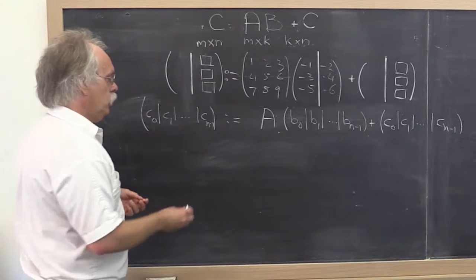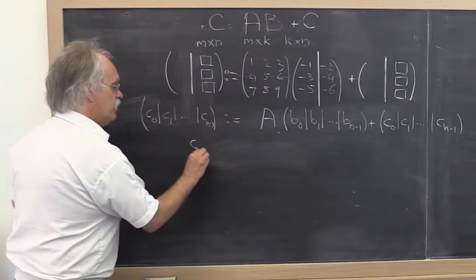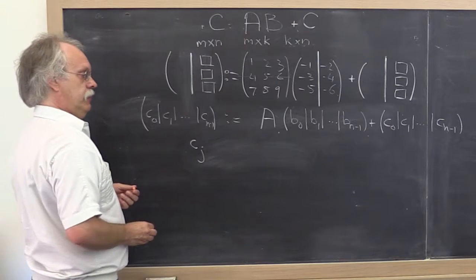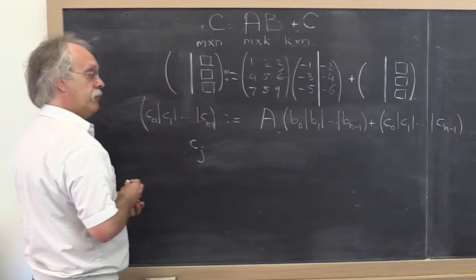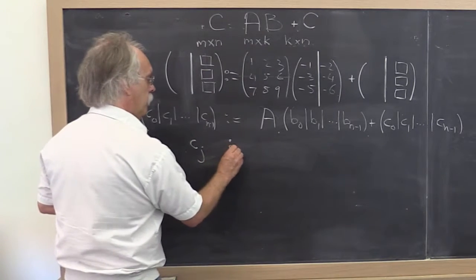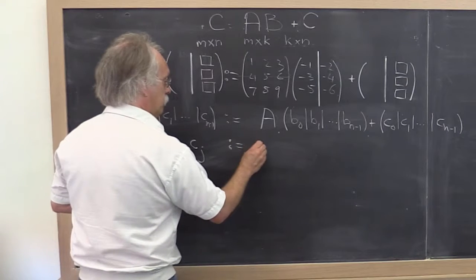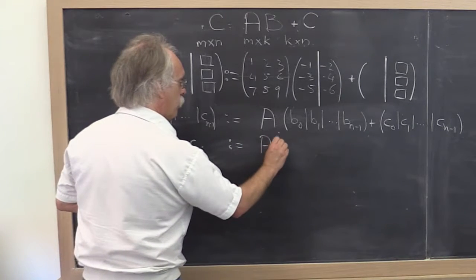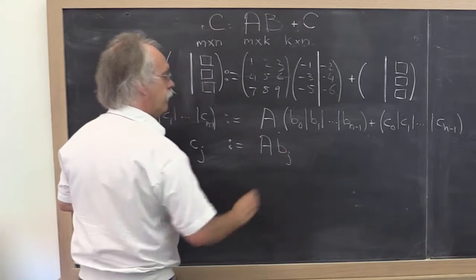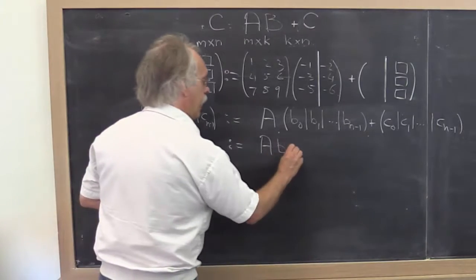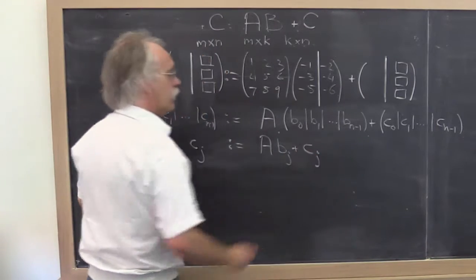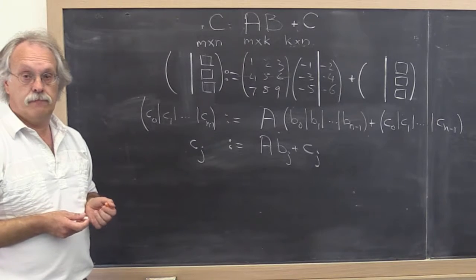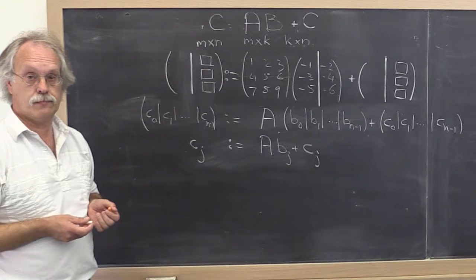And what do we conclude? We conclude that the jth column of C, for every j from 0 to n minus 1, can be computed as A times the corresponding column of B added to that column of C.